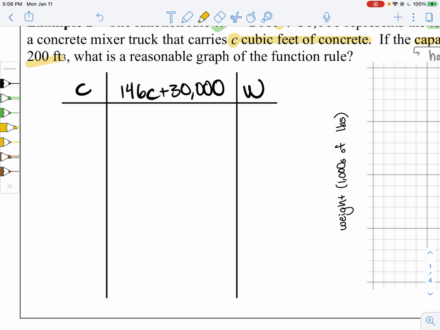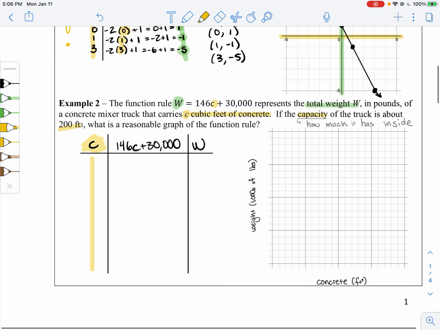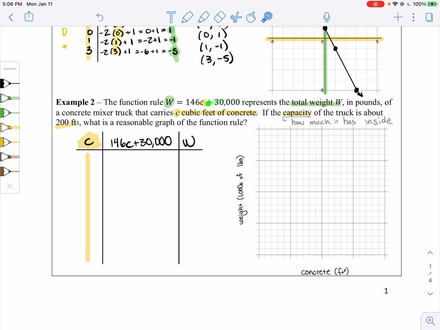Now I need to pick values of C that are both convenient, but that also make sense in the context of the problem. For example, you can't have negative feet of concrete, so we should start at 0. And you also can't have more than 200 cubic feet of concrete, so that should be our maximum.